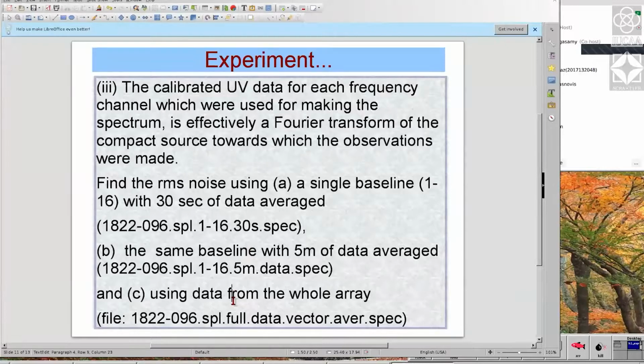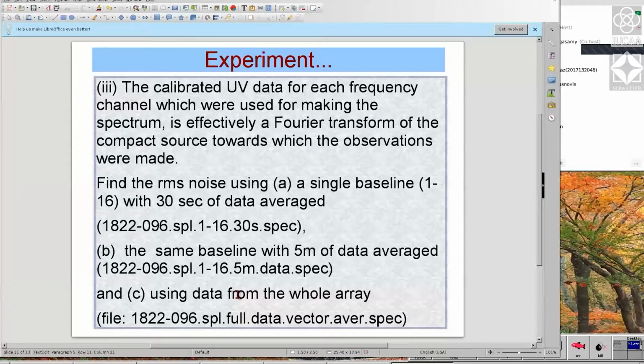And here, using the same data sets, that means during the full observation period, which I think is about half an hour or so, you have to average in time and frequency both, and it will go as the square root of nu and t. So compared to the 5-second one baseline, here you have to see whether it is improved by the square root of 435, which is a factor of 20. It should have gone down by a factor of 20, and another factor of 3 because we are averaging in the time domain.